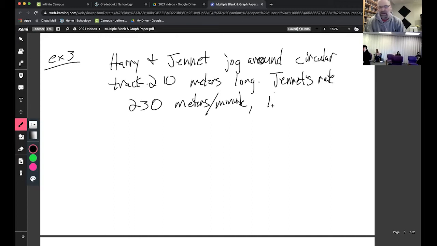And then Harry's rate, 200 meters per minute. And how many minutes will Janet be a full lap ahead?